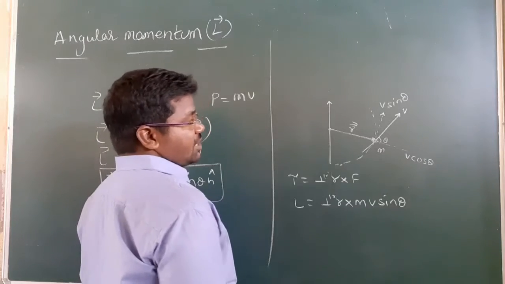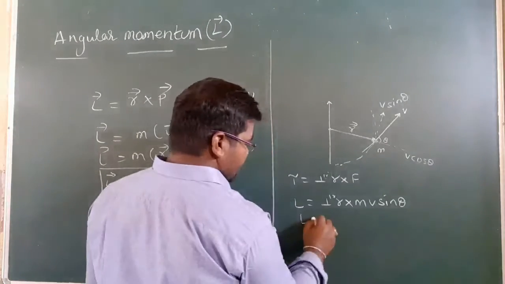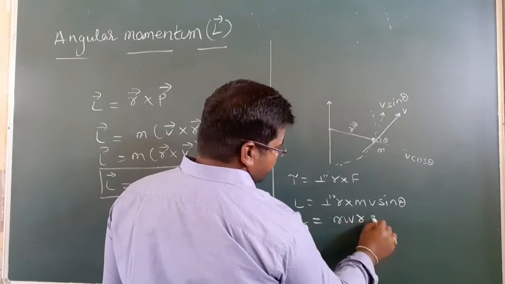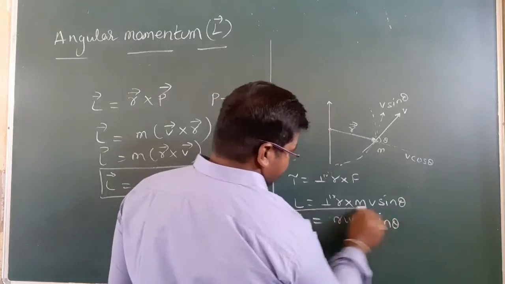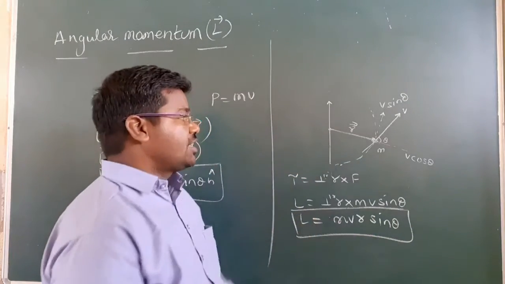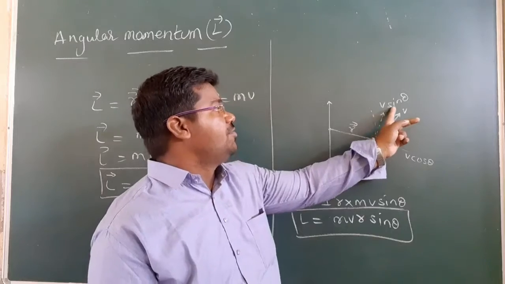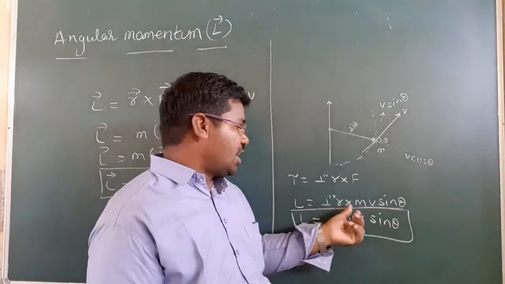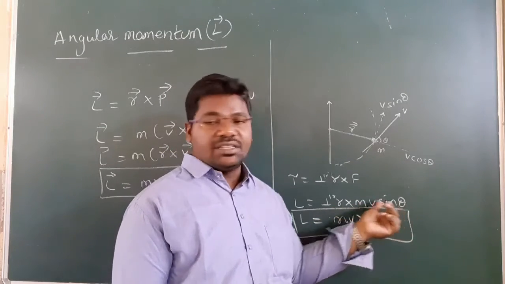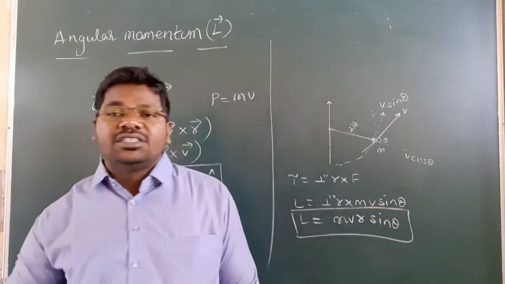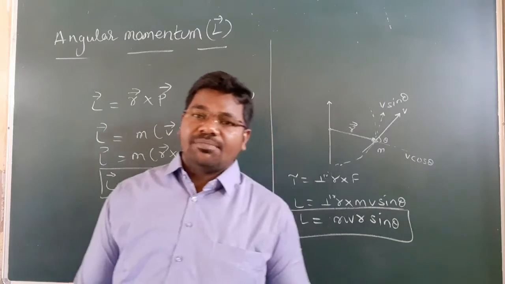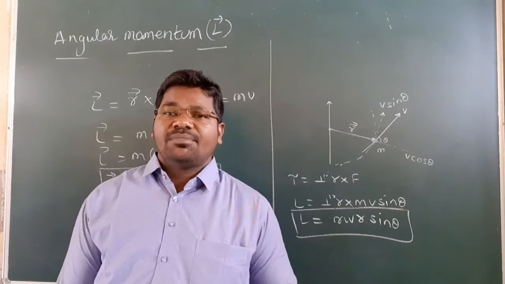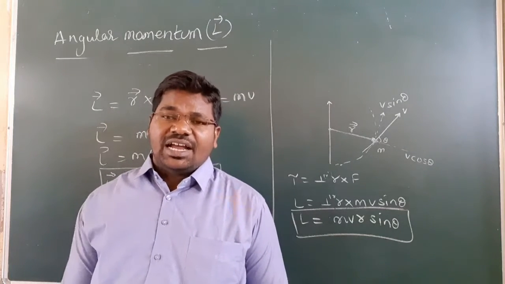Rearranging this, L is equal to mvr sin theta. So we know the radius vector and mass into velocity sin theta. This is about angular momentum, my dear children. So what is angular momentum? The product of momentum and perpendicular distance is called angular momentum.